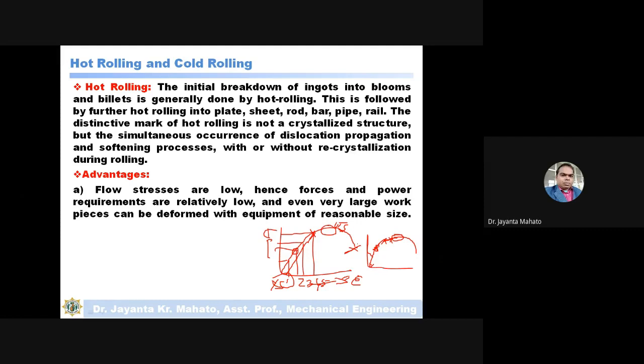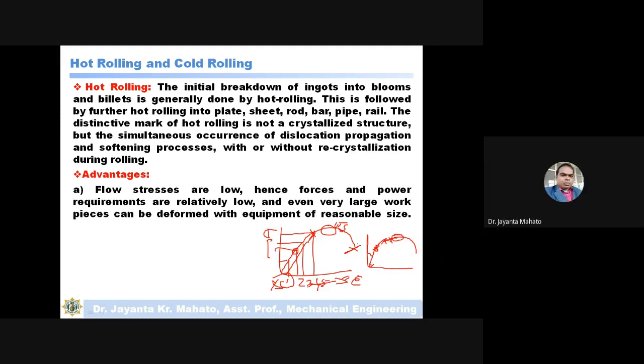So at high temperature, cross slip and climb easily occur. At room temperature or cold temperature, climb and cross slip do not occur. So the dislocation gets blocked and the material gets hardened, and to deform the material more and more stress is required.